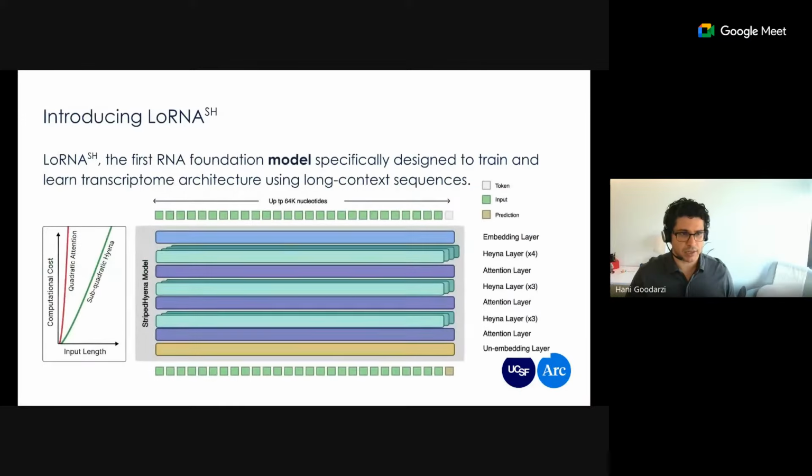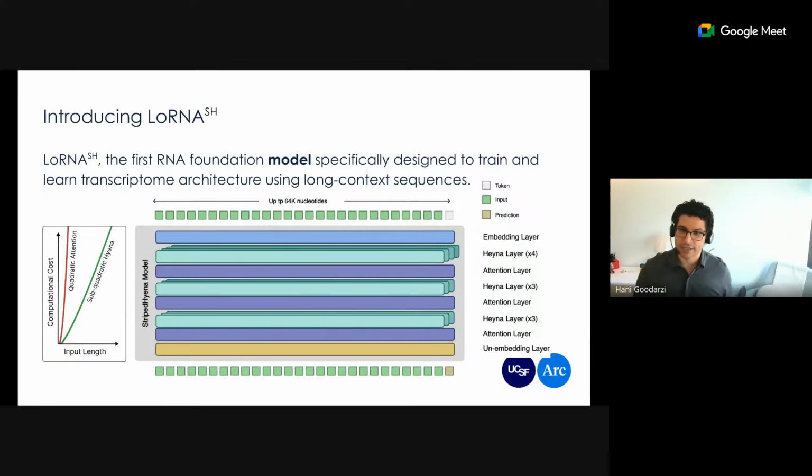There isn't enough time to go into it, but basically, Hyena is a state space model, and I've actually spelled it wrong here. The point is that it's subquadratic, unlike attention, which has quadratic growth. So with attention alone, you cannot go to 64K.